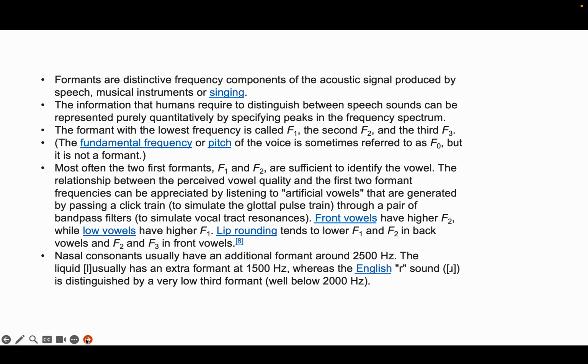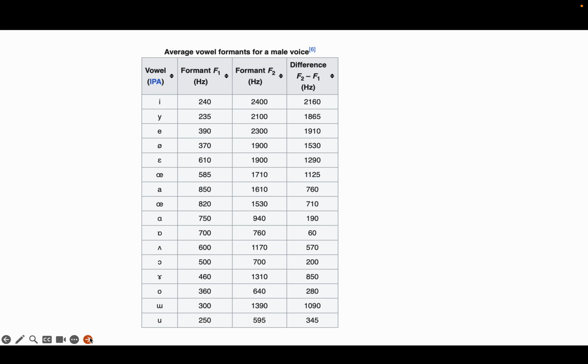The English R sound is often distinguished by a very low third formant, usually below 2000 hertz. So the summary then of these statements is that we can look at the formants of speech and pull out specific vowel sounds based on the characteristics of their frequencies.